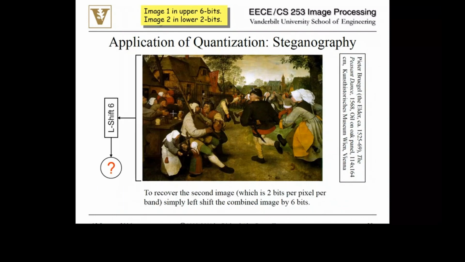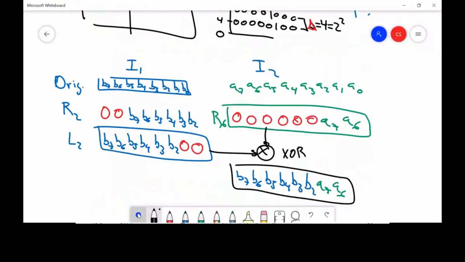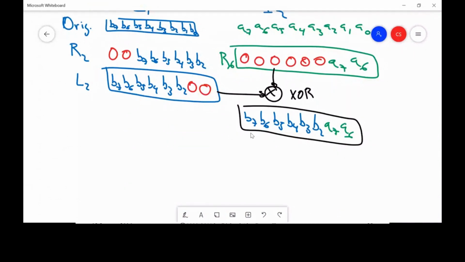Let's say that I want to recover image 2. So you have this one. You're clever people. How would you recover the information from image 2 from here? What is the operation I have to do? Left 6. That's it. If you do left 6, now what we have is A7, A6, and then 0, 0, 0, 0, 0, 0.